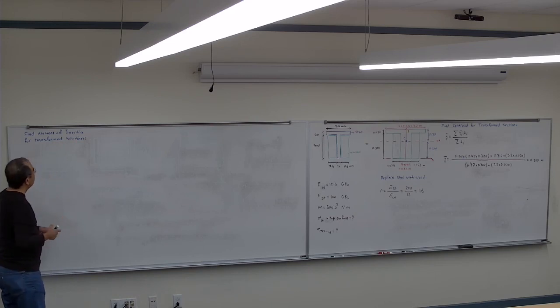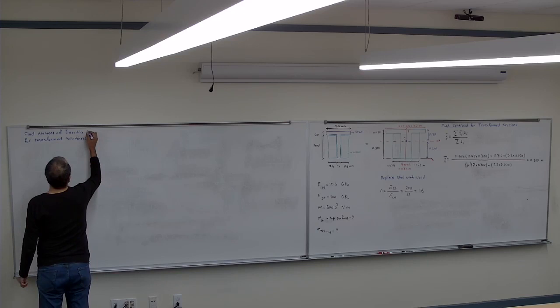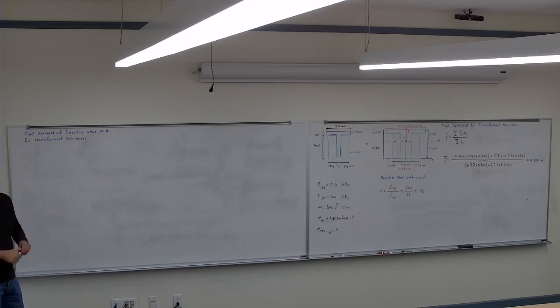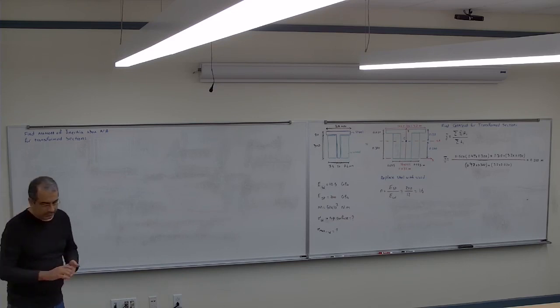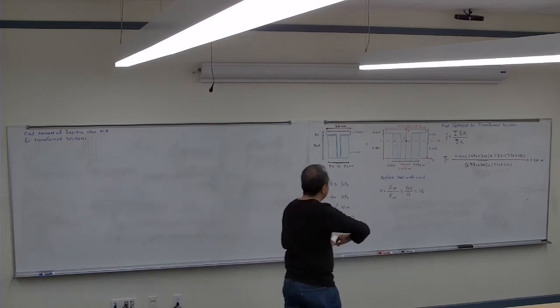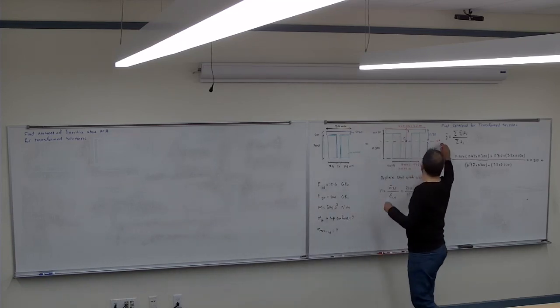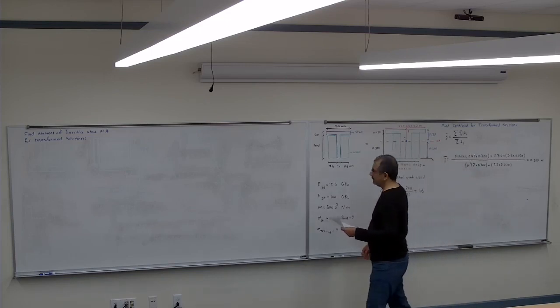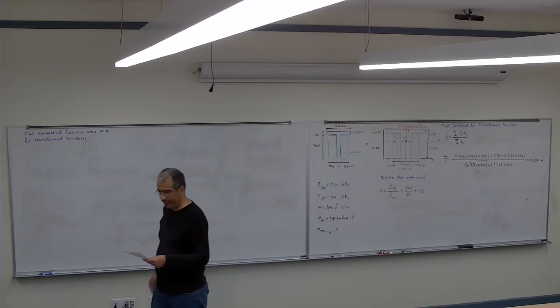So I want to find the moment of inertia about the neutral axis. So now I want to find the moment of inertia for these about the neutral axis. So I have to go ahead and say, hey, how much is the distance between each of the sections I have?